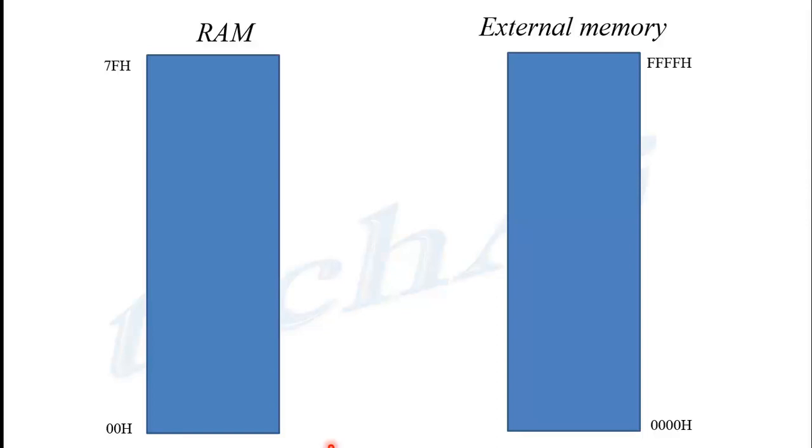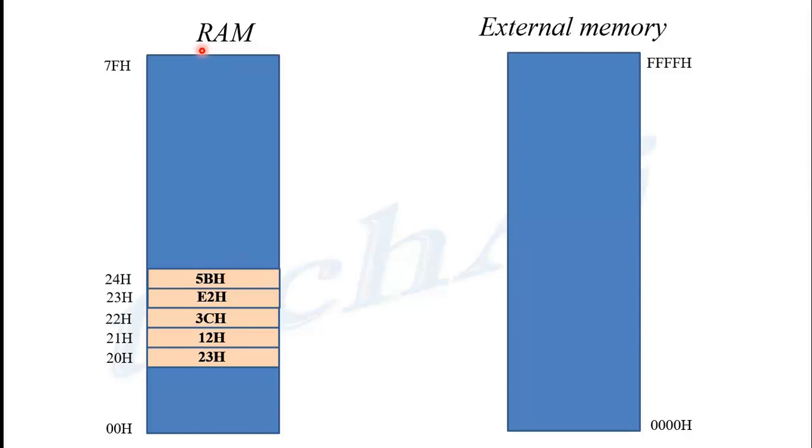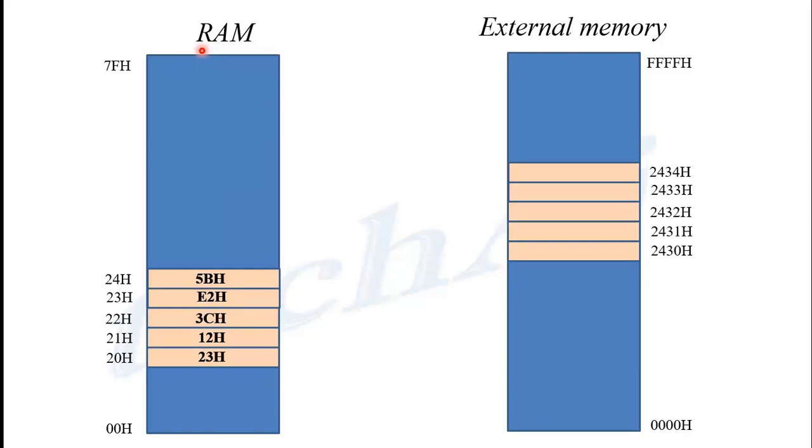Now, here we want to transfer a block of data present in RAM memory locations starting from 20H to the external memory locations starting from 2430H. To perform these transfer operations, we have to use address pointers, one for the RAM memory address and one for the external memory address.